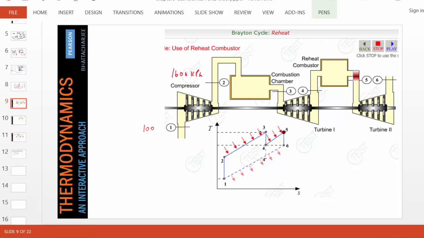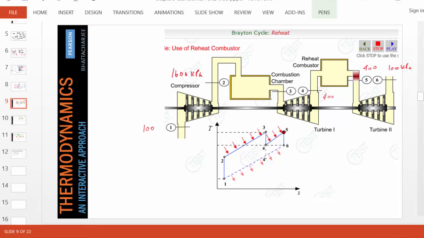But now, in a simple Brayton cycle from 3, we go all the way down to state 4 prime, right? Which will be a single turbine expanding from 1600 kPa to 100 kPa. But what we do here is that we break the turbine into two different stages, from 1600 to, let's say, 400 kPa, and then from 400 to 100 kPa.